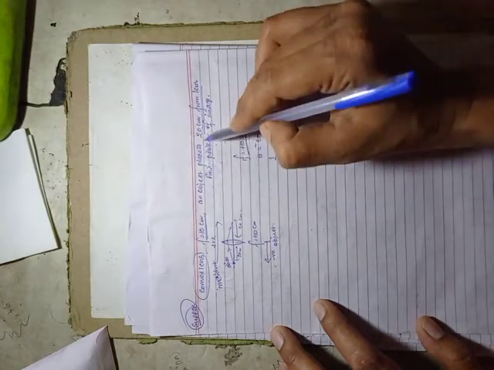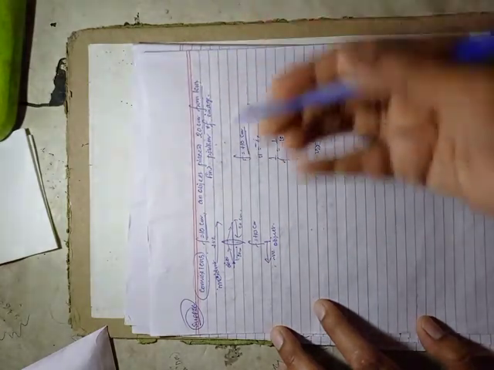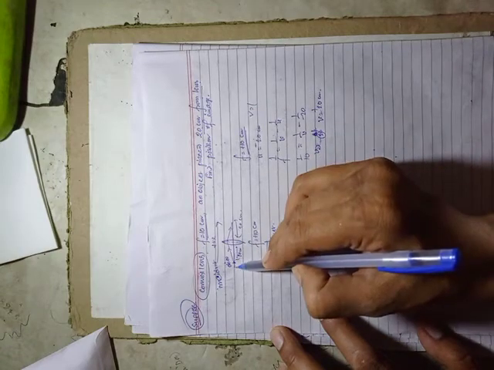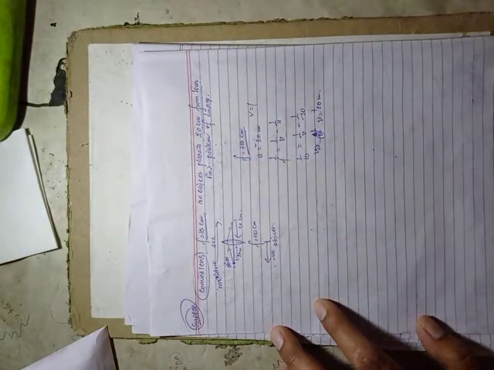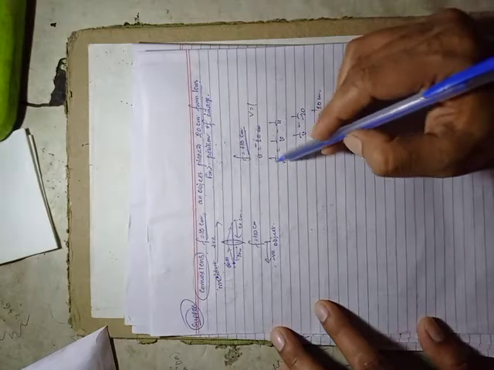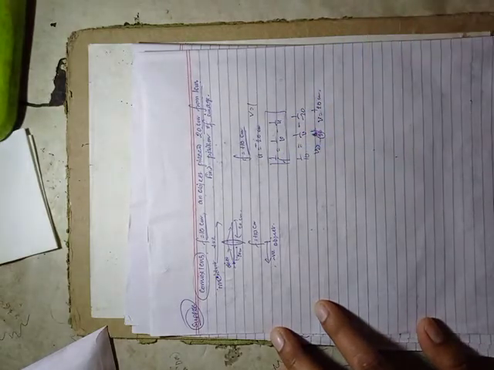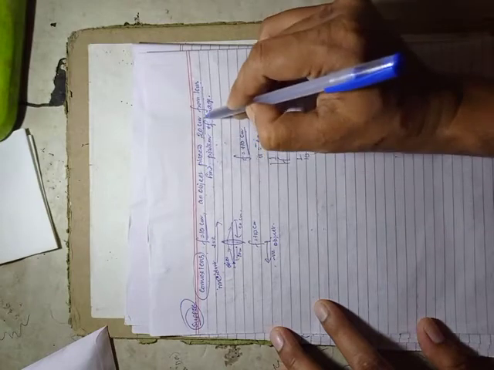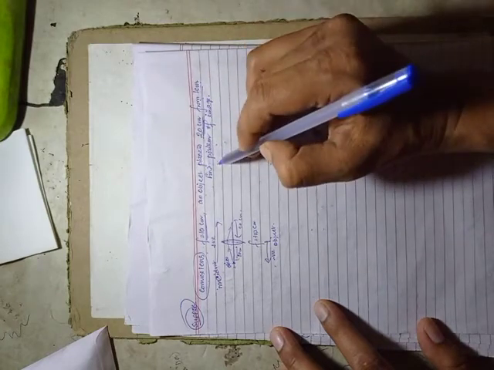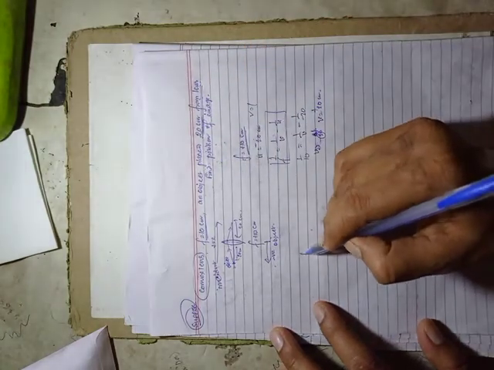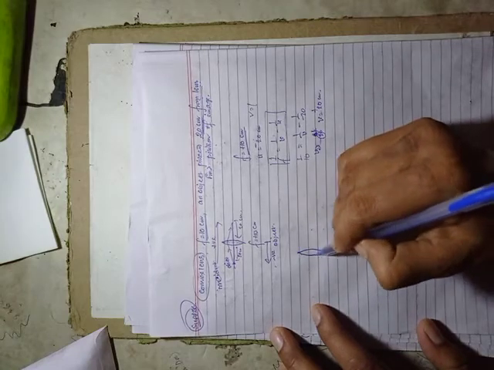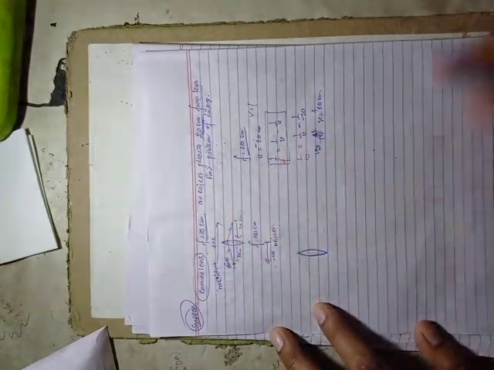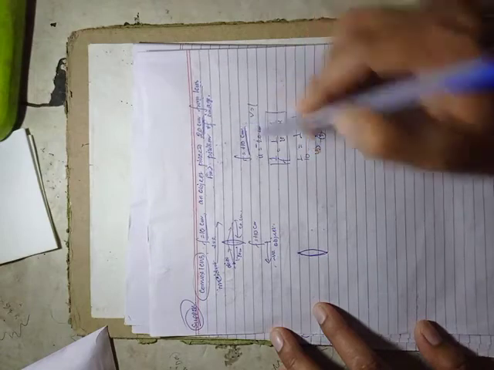The object is placed 20 centimeter from the lens, on the left side. Find the position of the image. The lens formula is 1 by f equals 1 by v minus 1 by u.